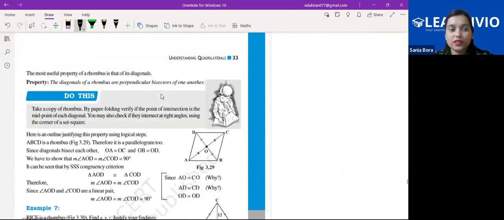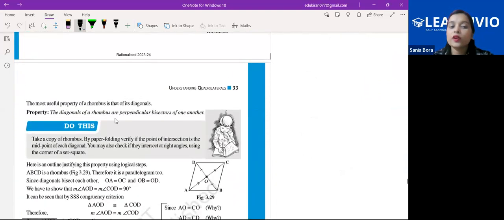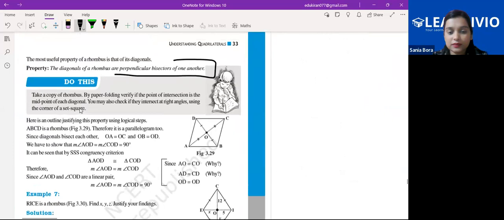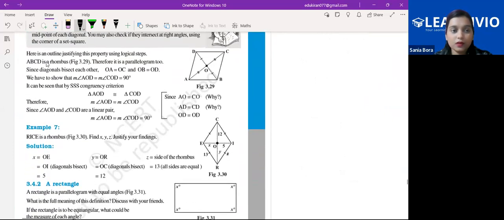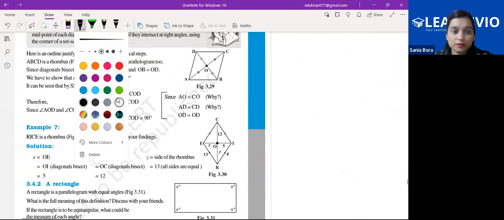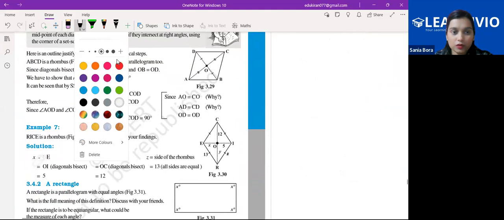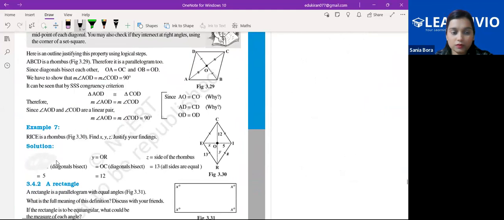Now, some special parallelograms, which is a rhombus. Kite, rhombus and all that, right? The diagonals of a rhombus are perpendicular bisectors of one another. Because I don't have space, I'll write it here.